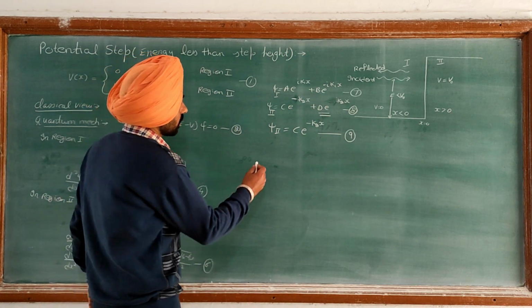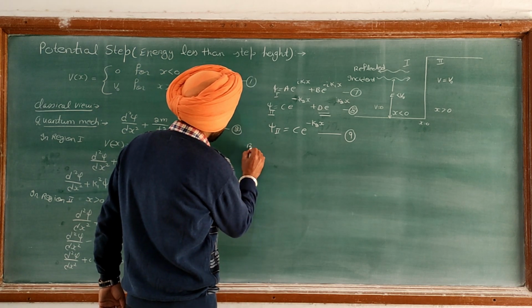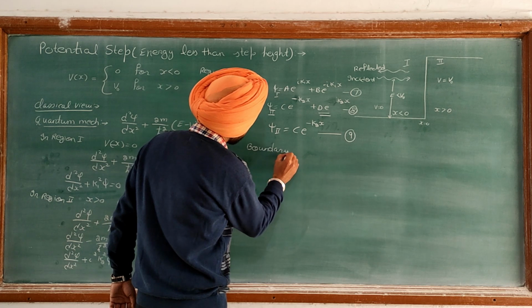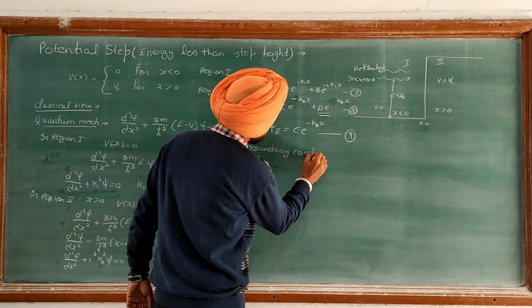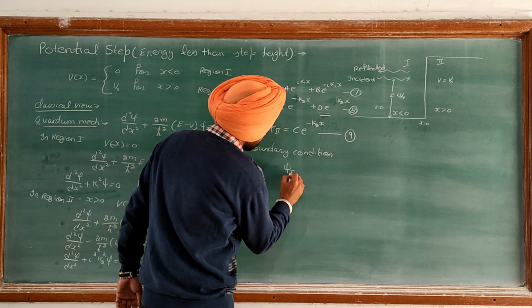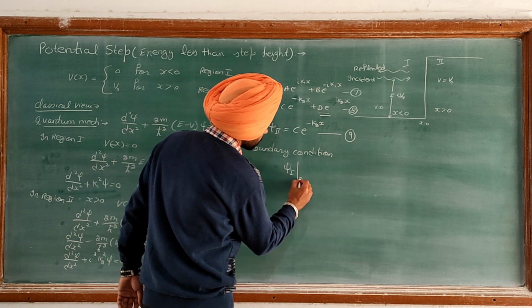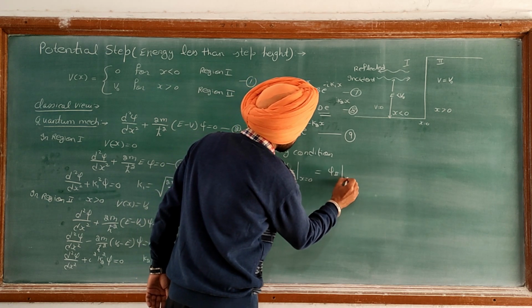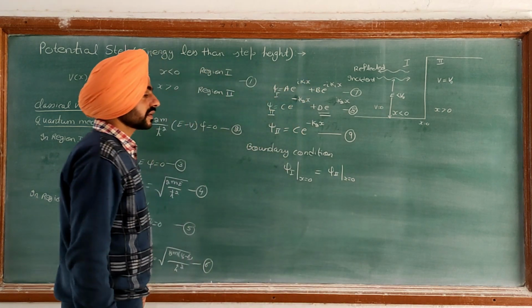That means boundary condition 1: psi 1 at x equal to 0 is equal to psi 2 at x equal to 0. This is the condition for the well behaved wave function.